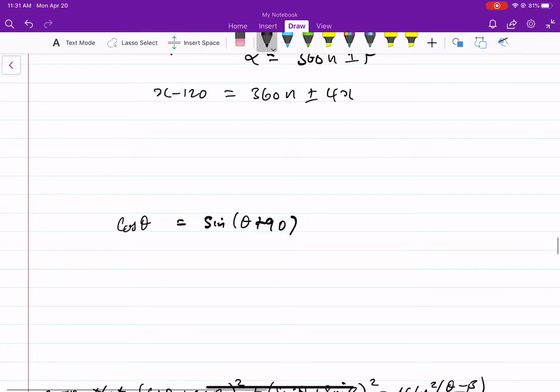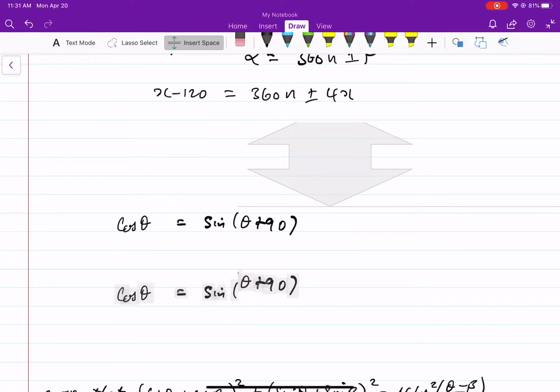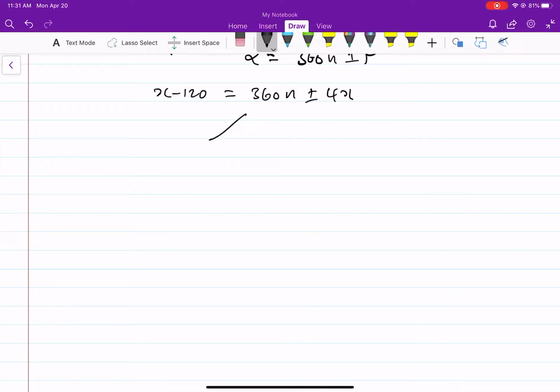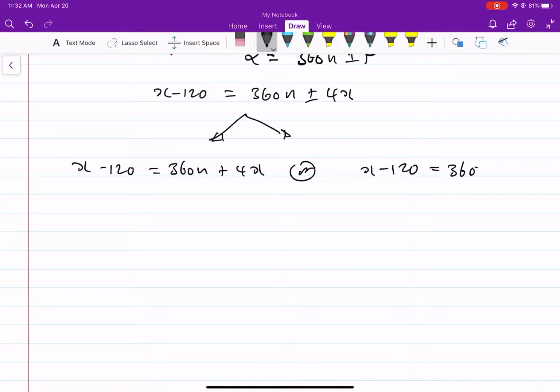This is going to split into two separate equations: either x minus 120 is equal to 360n plus 4x, or x minus 120 is equal to 360n minus 4x.